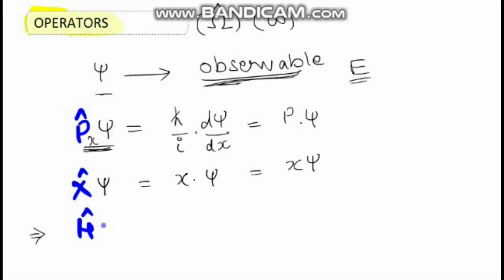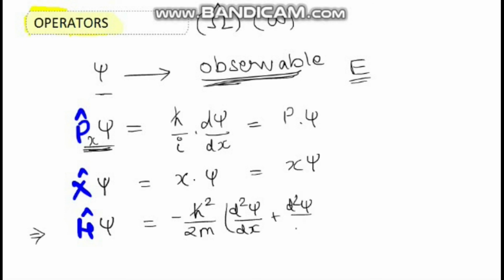You use the h cap, that is the Hamiltonian operator, on psi. This is something complicated. What you need to do is multiply by minus h cross square upon 2m, then operate on psi by the second differential of psi with x, in brackets, plus the second differential of psi with y square, then the second differential of psi with z.